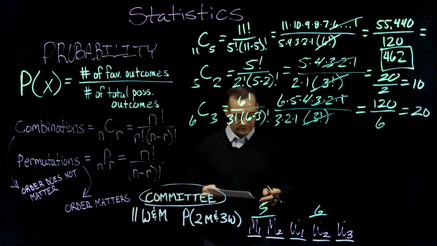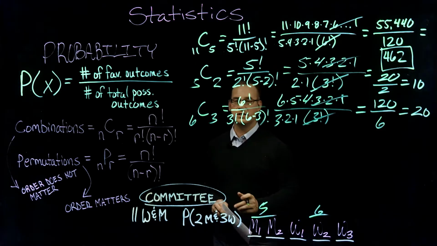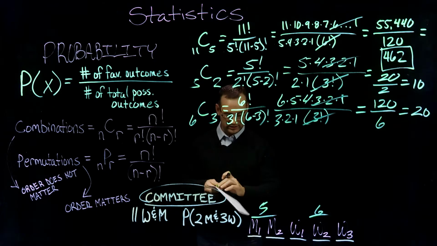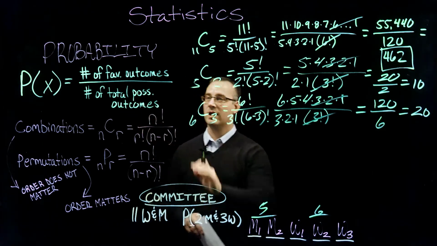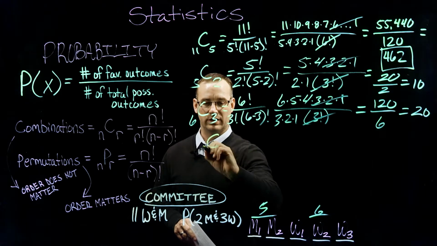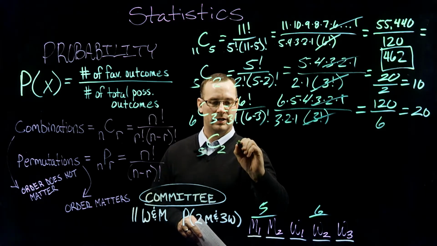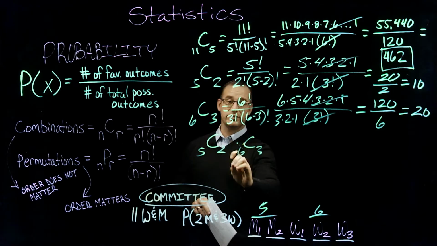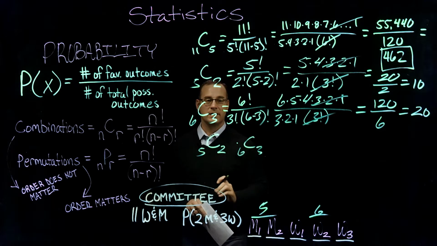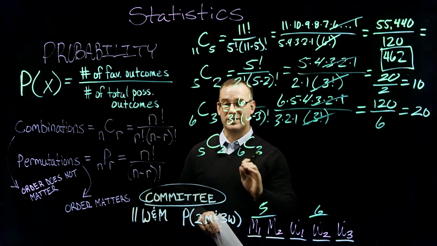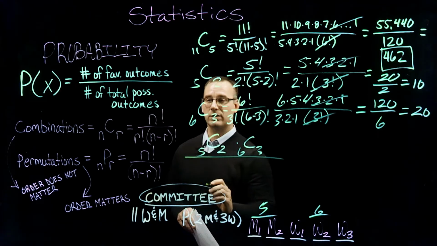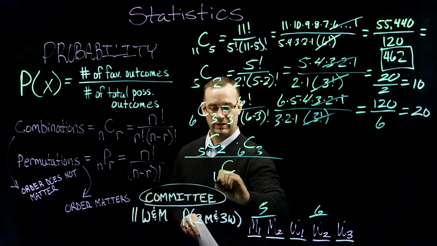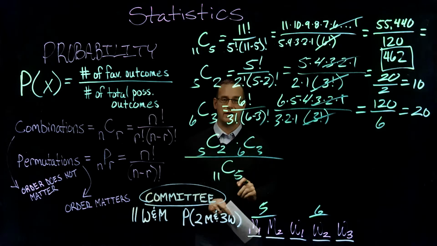As we work our way through this problem, what we in essence need to do is take these combinations. So let's write out our formula so that we conceptually know what we're looking at here. Number of favorable outcomes: we've got the combination of 5 choose 2 times the number of combinations 6 choose 3 over the combination of 11 choose 5.